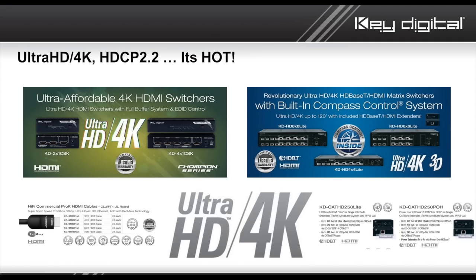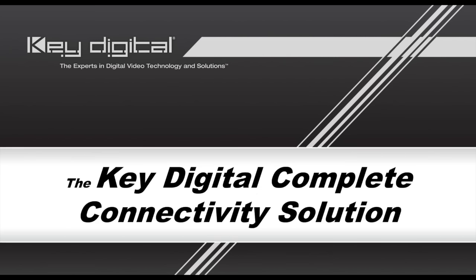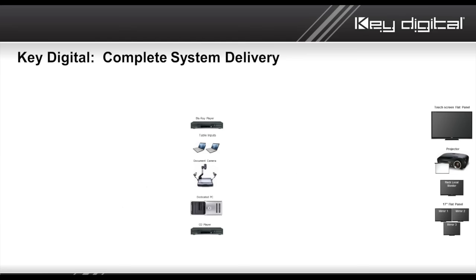Where there's still quite a few companies out there yet to deliver on their 4K products, sure, they've been talking about it for some time, but have they really delivered? KeyDigital's been doing this for going on 2 years now, in fact, since the Digital IQ matrices were released. And now, across our entire product line, we have 4K Ultra HD covered, and we're releasing more and more products with 2.2 protection.